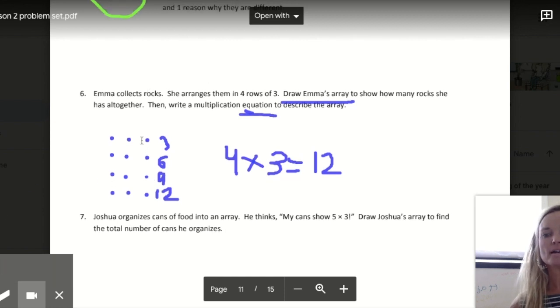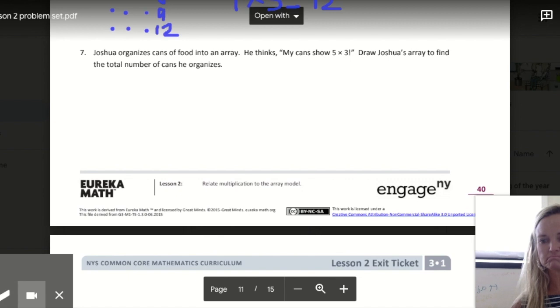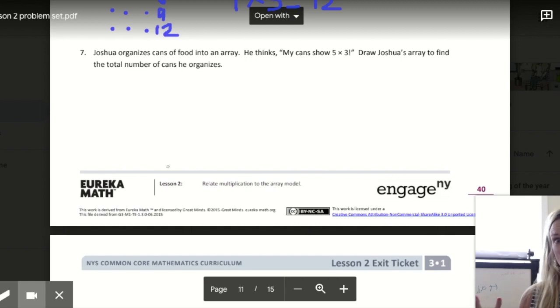All right, let's go ahead and look down at number 7. It says, Josh organizes cans of food in an array. He thinks my cans show 5 times 3. Draw Josh's array to find the total number of cans that he organizes. So remember, in lesson 1, I talked about how this means groups of. Well, groups of and rows of means the same thing.